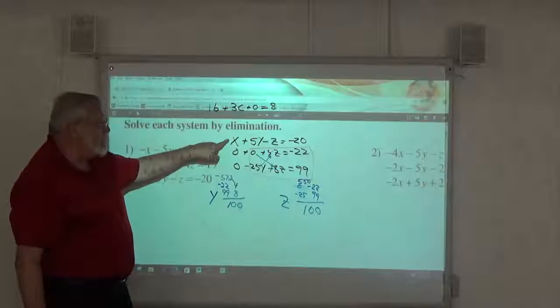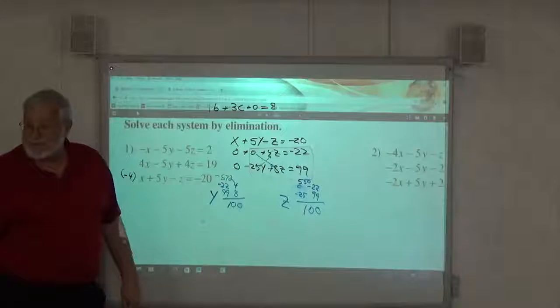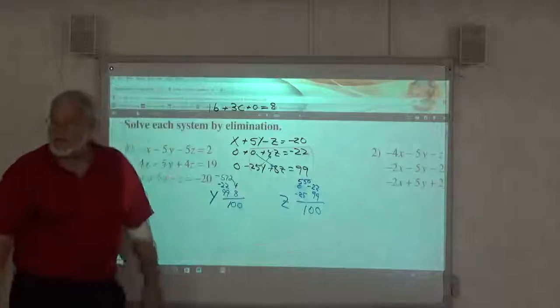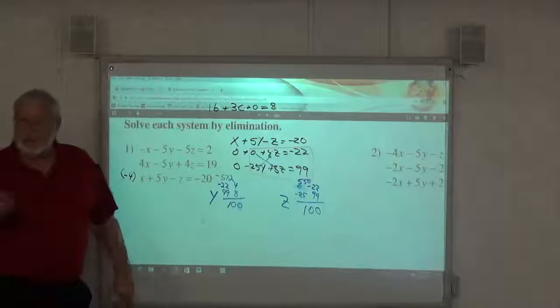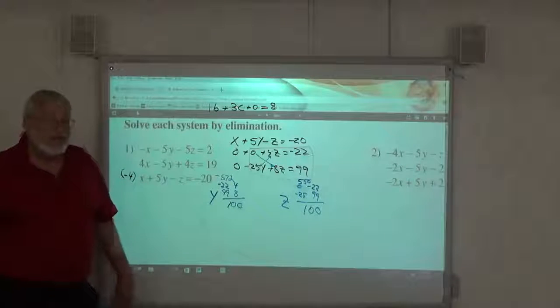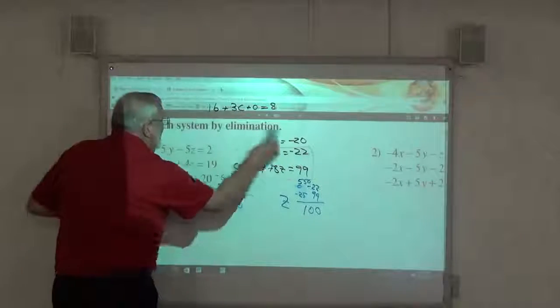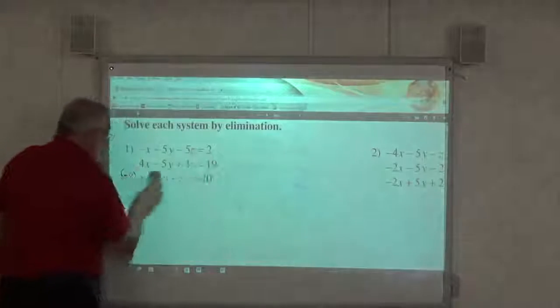If this is a 1 and these two are zeros, whatever's there is the value of X. If these two are zeros and that's a 1, whatever's there is the value of Y. And that's called Gaussian elimination, which is a longer version of what we've been working on. Okay, all right, so let's look at another kind of problem, and let's see if we can continue.